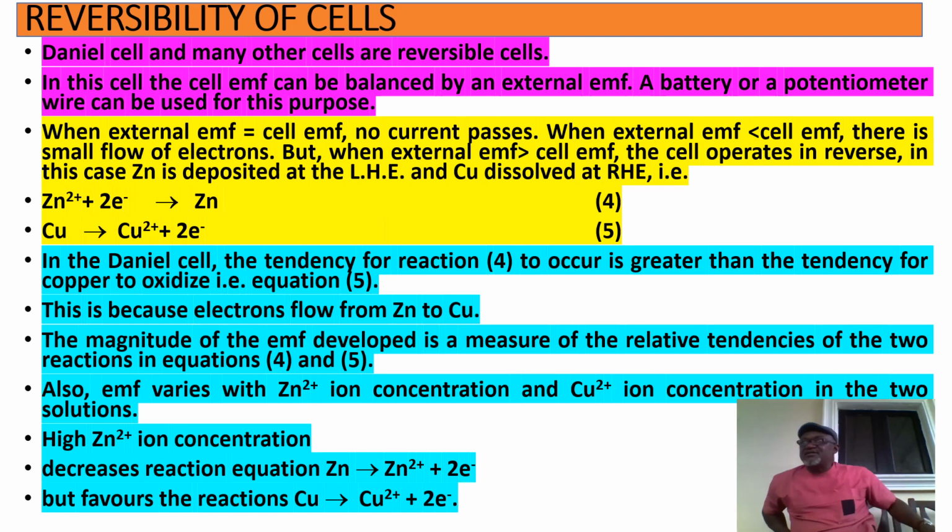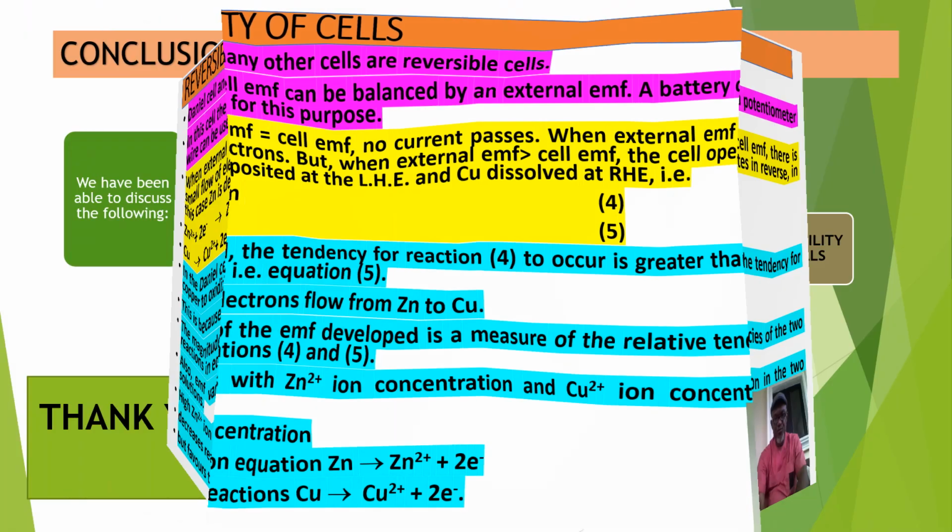Of course, when we look at spontaneity in terms of Gibbs free energy, we will use the Gibbs free energy and the electrochemical series to know which one is possible to be reversed. If you reverse it, can it be spontaneous? If it is not spontaneous, then it means you have to have an input of energy before you can achieve that reaction. Automatically, you are now moving away from electrochemical cells to electrolytic cells.